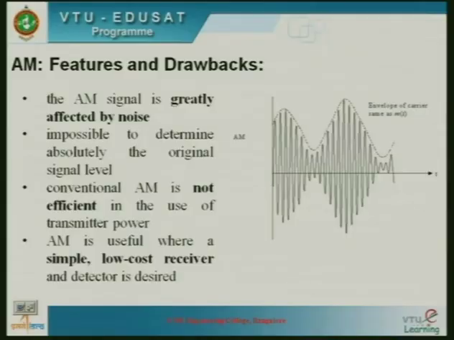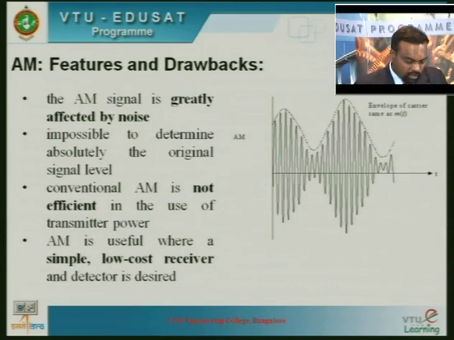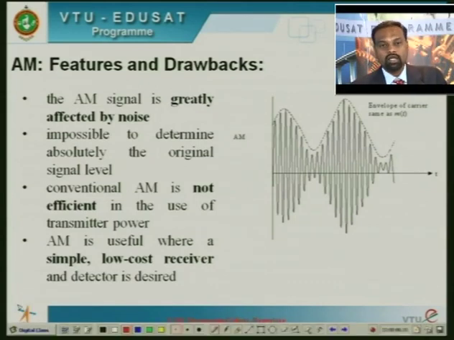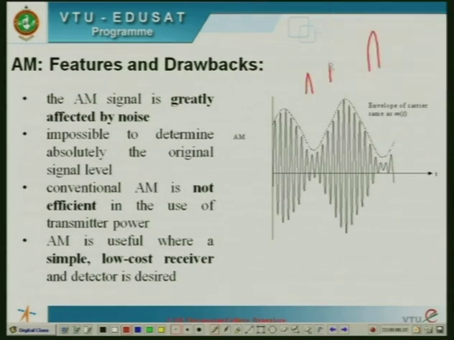It's a very interesting demerit of an AM signal. Why is that? Suppose you have an AM signal, and there is noise available in the channel, such as a peak or a pulse, or a small amount of noise like this.